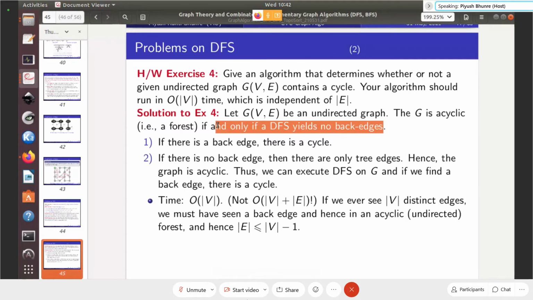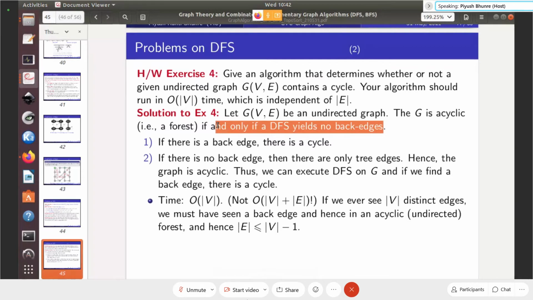And another thing: suppose it has more edges and it's not acyclic. If not acyclic, there is a cycle. But my claim is that as soon as you find a back edge, that means a cycle, and as soon as that happens you exit your algorithm from there. You don't need to explore all. If you look at the DFS algorithm, it explores the graph using the adjacency list, and every discovery of a vertex also means discovery of an edge.